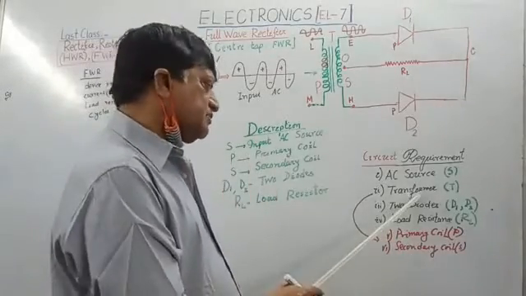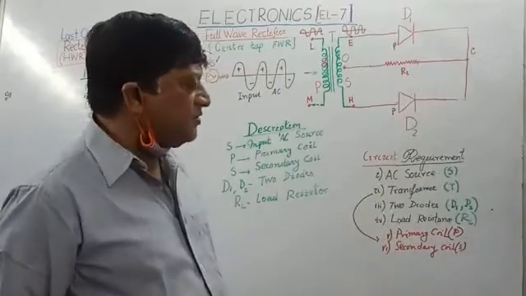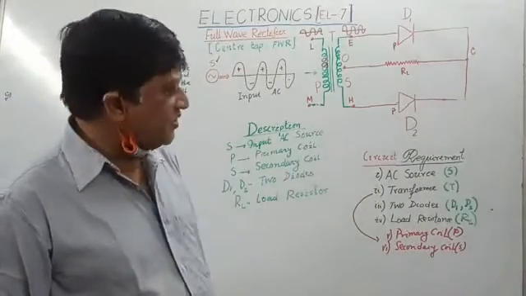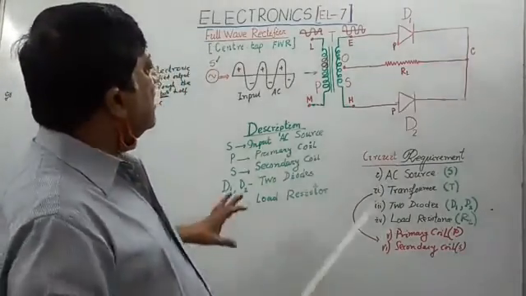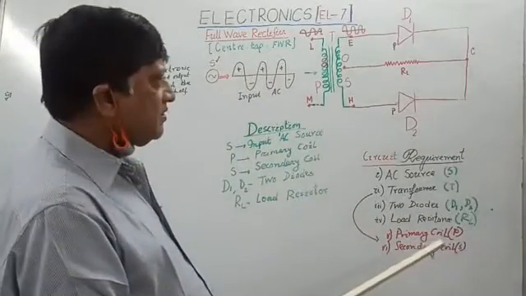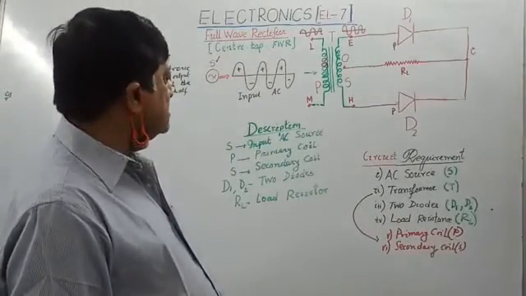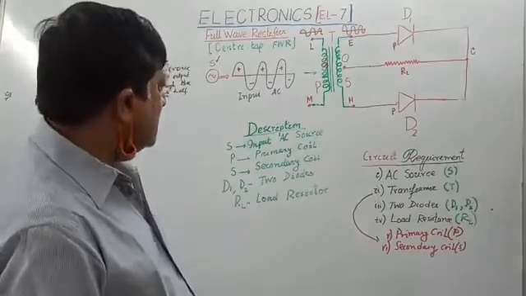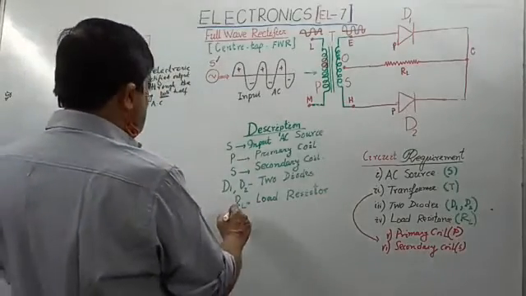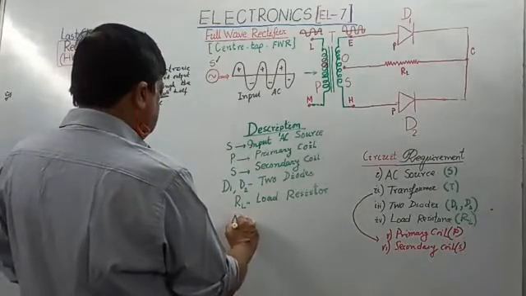Obviously, a transformer has a primary coil and a secondary coil inside it. Okay. Then you complete the circuit. Now the question is how it will work. We will call that the action.